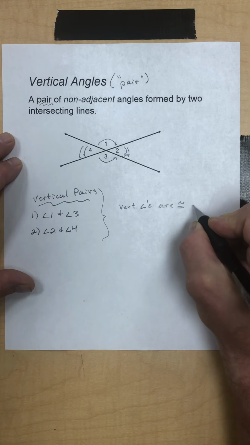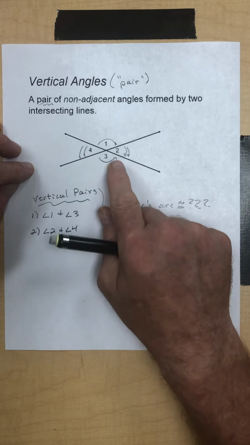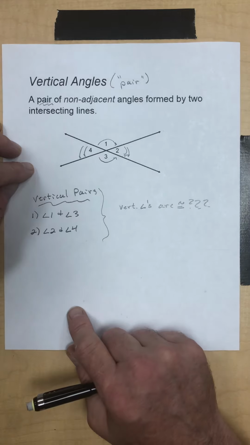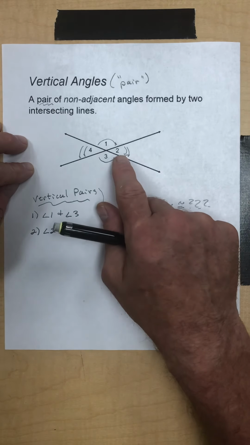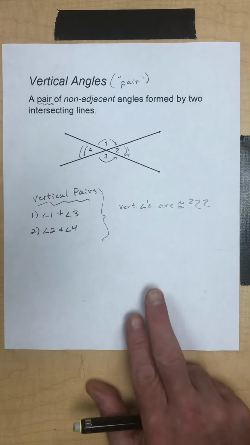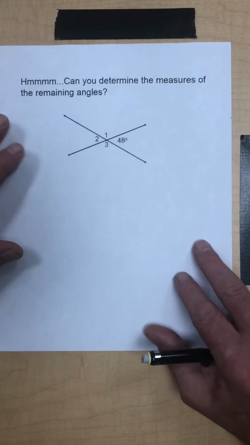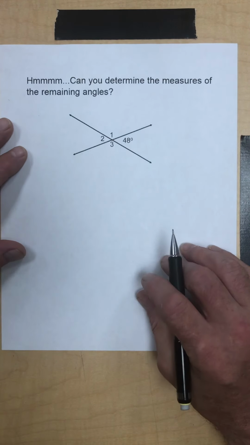They have the same measure, okay? So would we say that angle 1 and angle 3 have the same measure? And would we say that angle 2 and angle 4 have the same measure? Well, let's take a look at an example and see whether or not that works out.